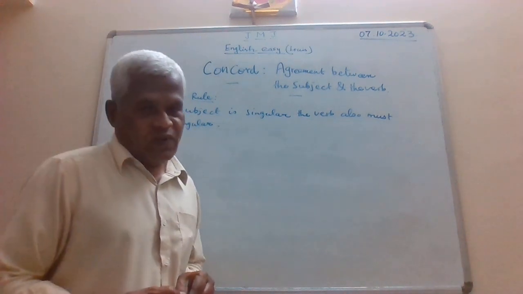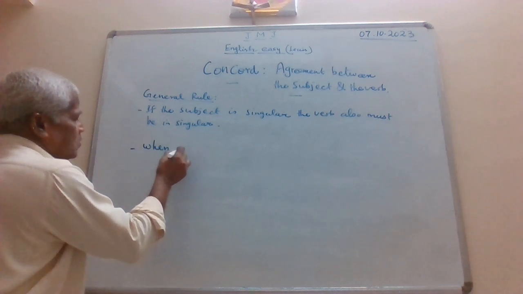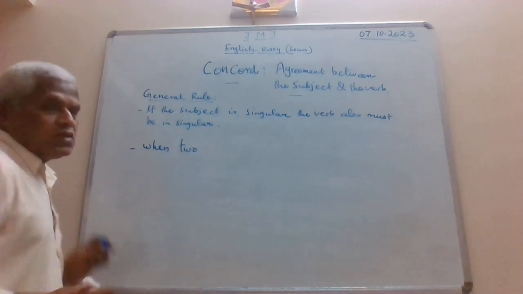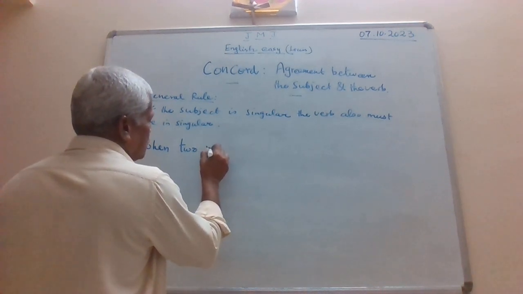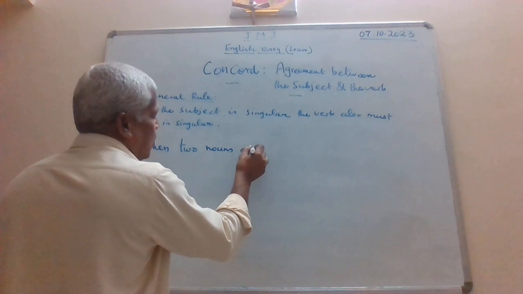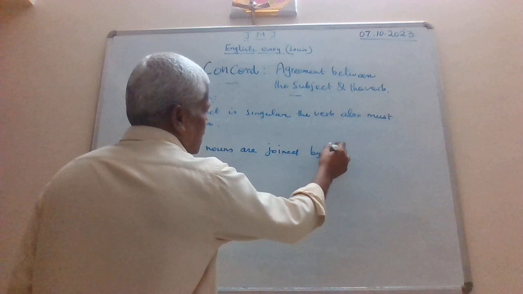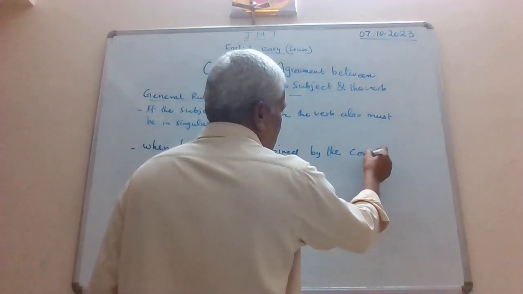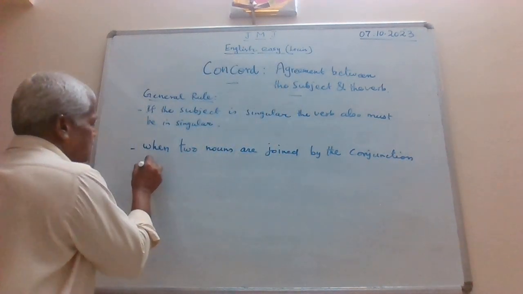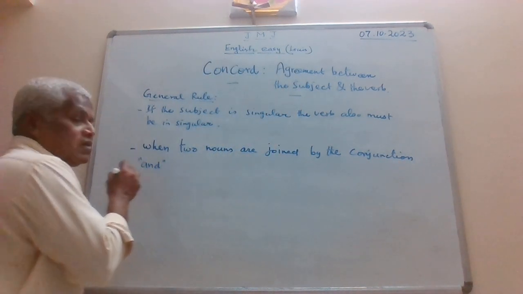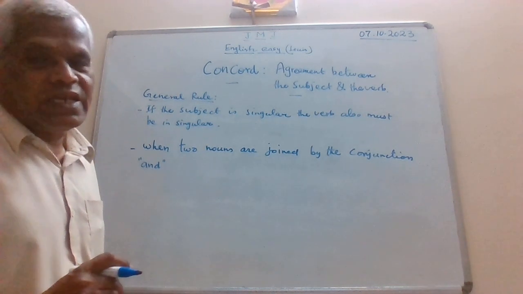Okay, second rule. What is the second one? See, when two subjects or nouns are joined by the conjunction and, very important, the subject takes a singular verb.